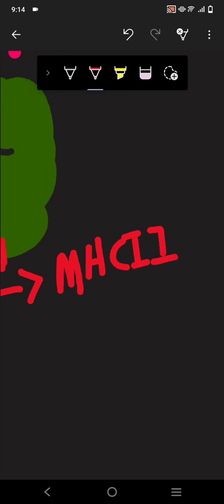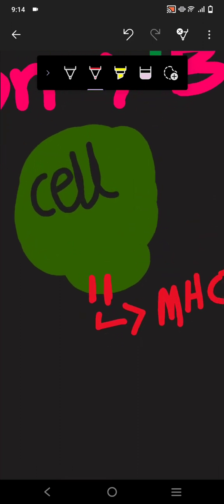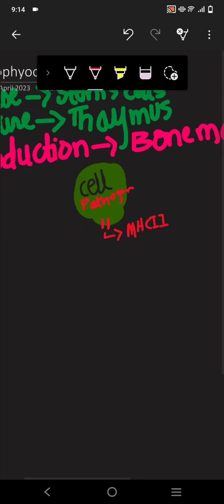So when the pathogen is attached and the MHC2 is released, I am writing pathogen cell. This is the cell that contains the pathogen.